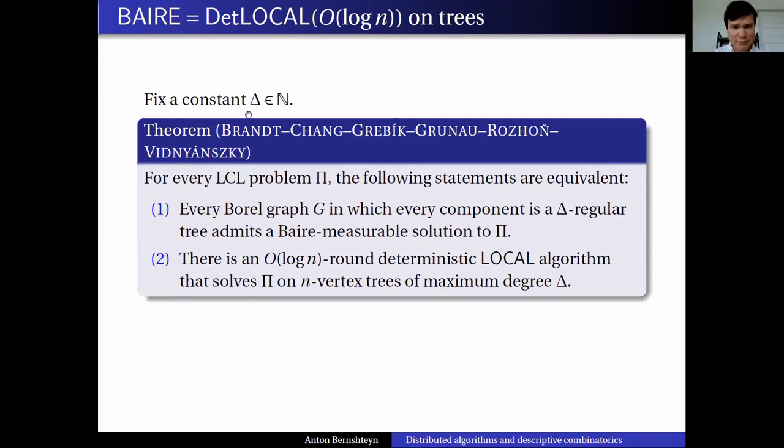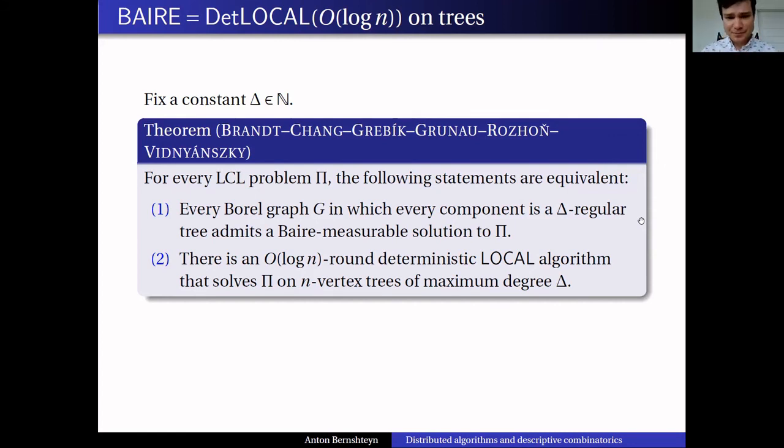So we fix a constant delta and an LCL problem pi, and then the following statements turn out to be equivalent. This problem has a Baire measurable solution on graphs where every connected component is a delta-regular tree. Remember, Baire measurable means it's Borel except for a meager set, a topologically small set.